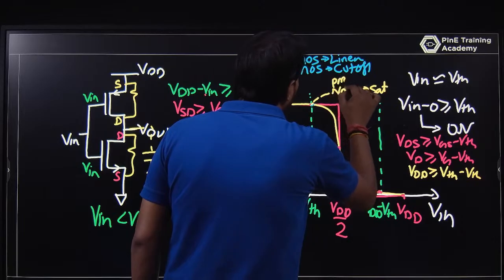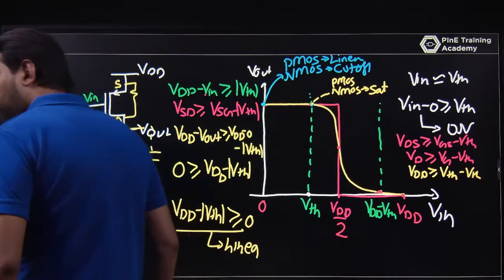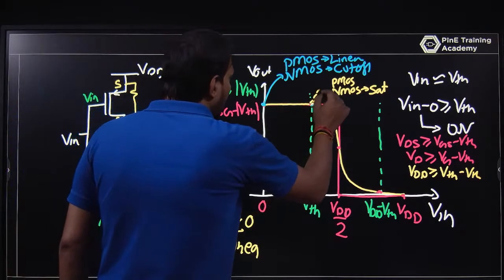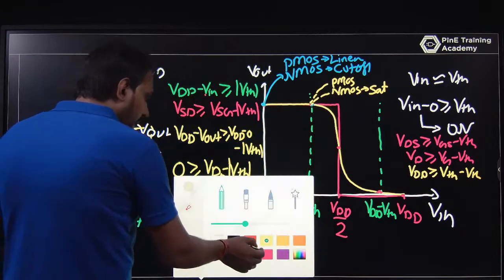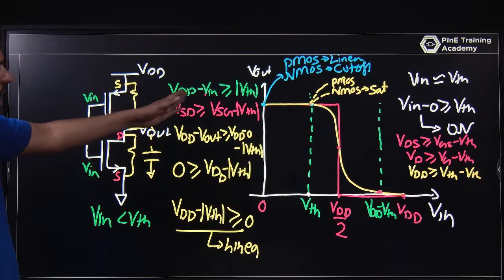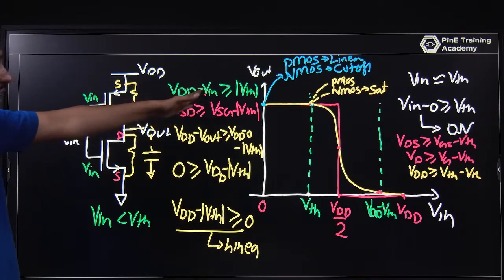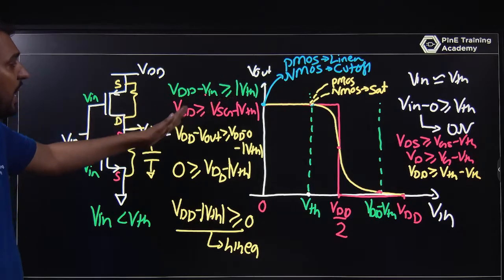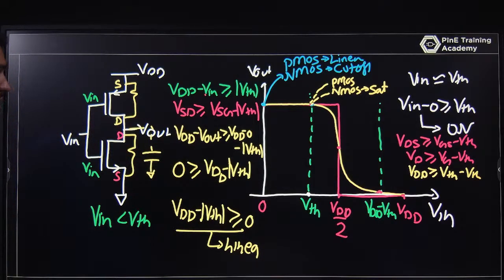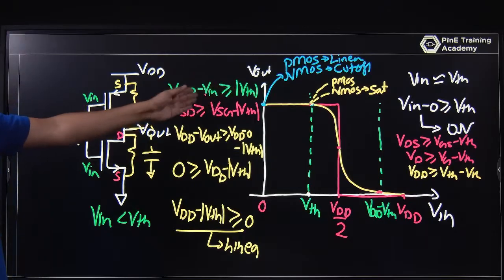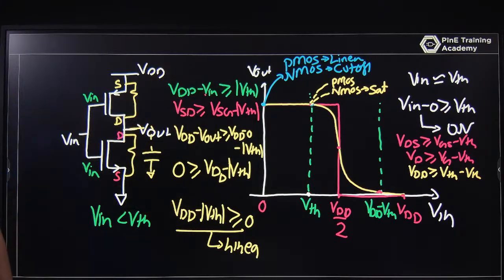And let's talk about the PMOS. Let's talk about what is happening through the PMOS. In the same condition, with Vin equal to VTH, VDD minus VTH is greater than or equal to mod VTH, that means PMOS is on.